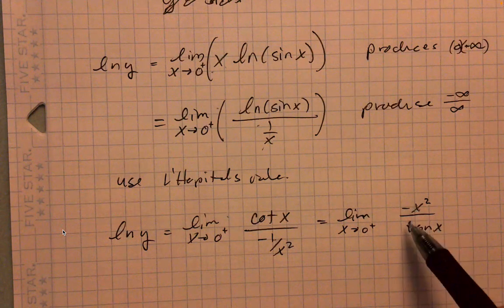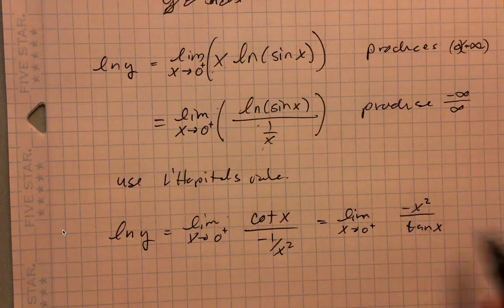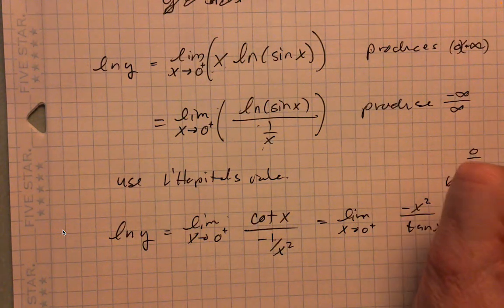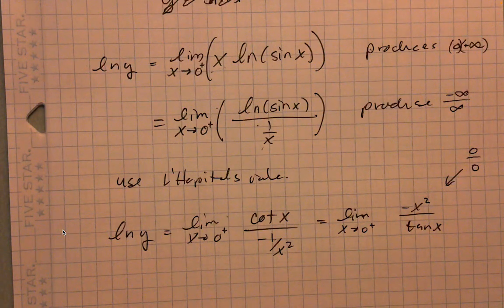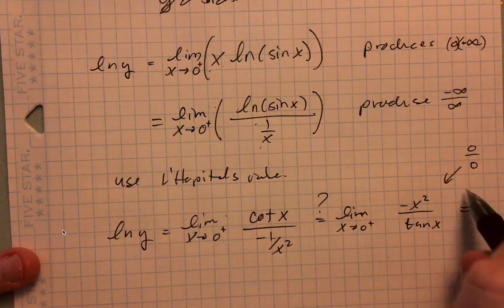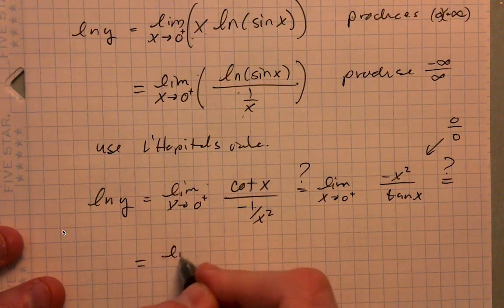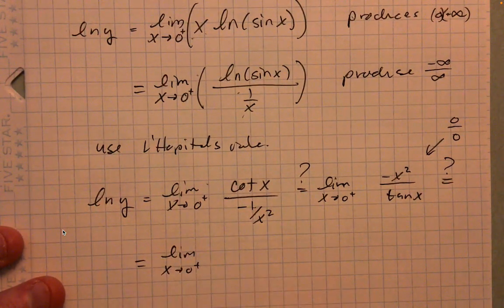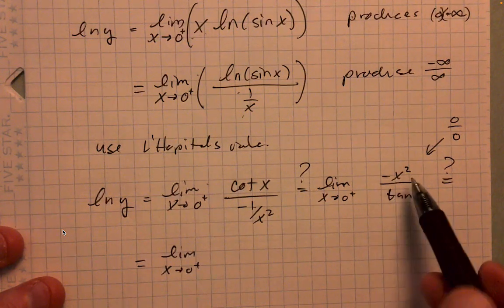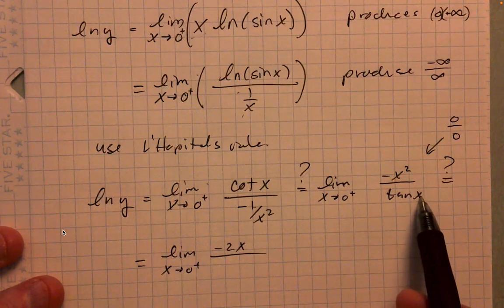And so what happens here? Well, this is actually going to be 0 over 0 still. As x goes to 0, tangent goes to 0, so this is 0 over 0. So we have to try one more derivative. It should be noted that these are all contingent upon the limit actually existing. Now this one becomes negative 2x when we differentiate it further, and the derivative of tangent is secant squared.